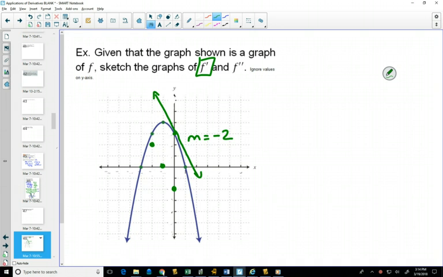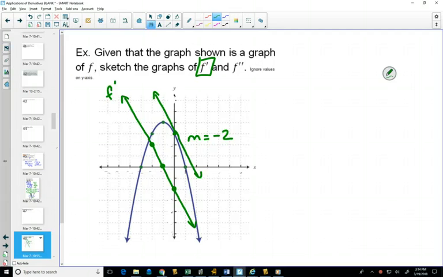So if I assume that this is an x squared graph, then my derivative graph should be a line. And so that's why I'm going to draw a straight line through these for my graph of my derivative.